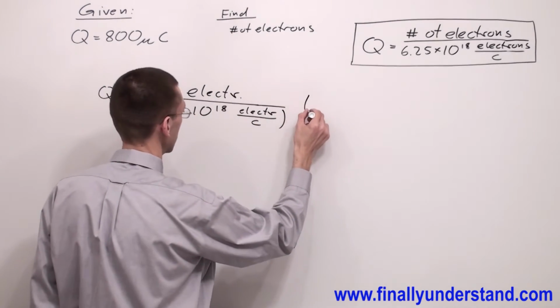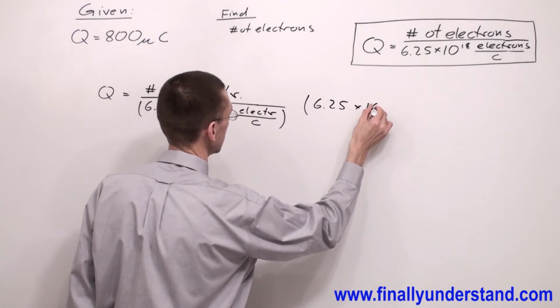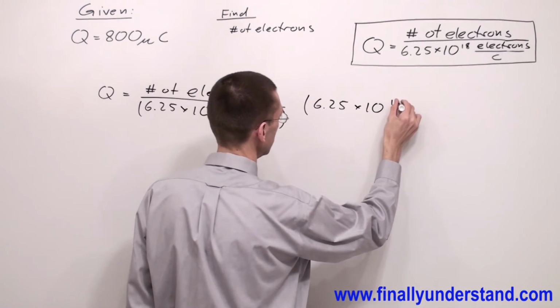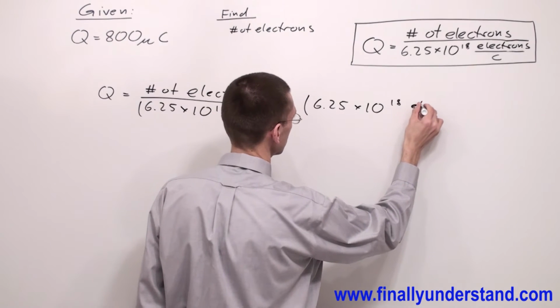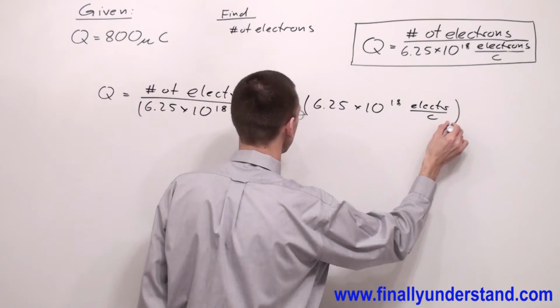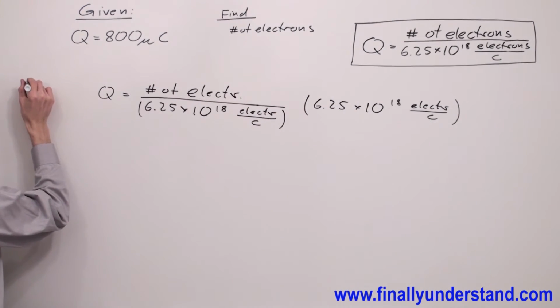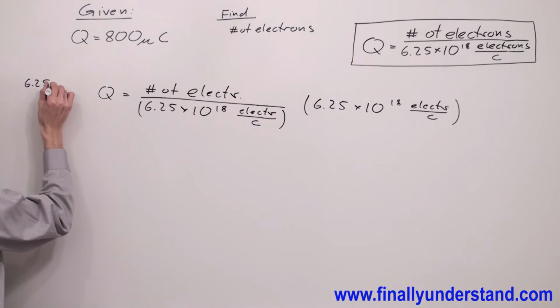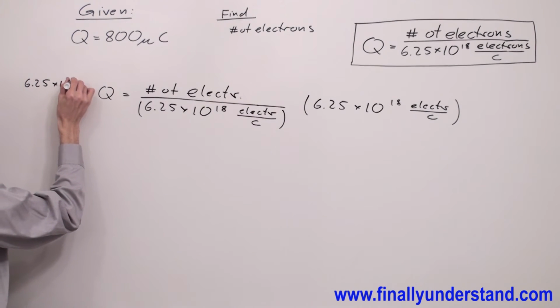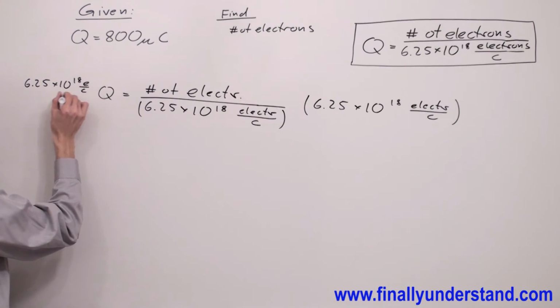So I'm going to multiply both sides by 6.25 times 10 to the 18 electrons per coulomb. And I'm going to do the same over here, 6.25 times 10 to the 18 electrons per coulomb.